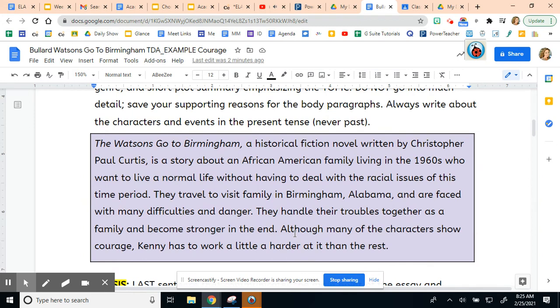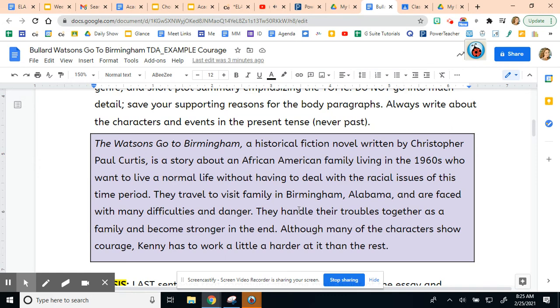And I continue to give a little bit more information about the story. So I go on to say they travel to visit family in Birmingham, Alabama, and are faced with many difficulties and danger. They handle their troubles together as a family and become stronger in the end. Although many of the characters show courage, Kenny has to work a little harder at it than the rest.